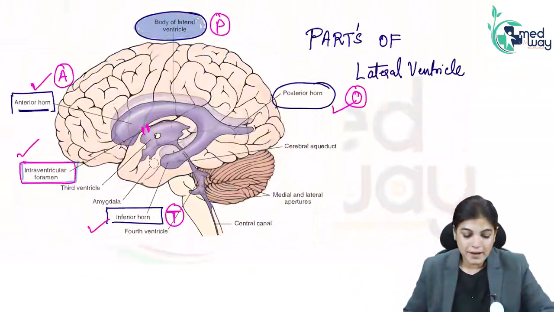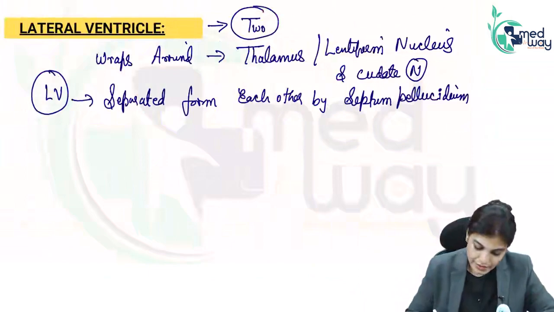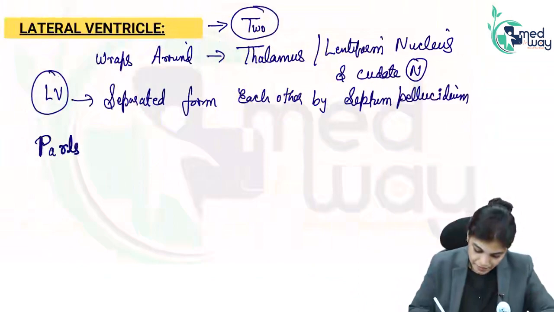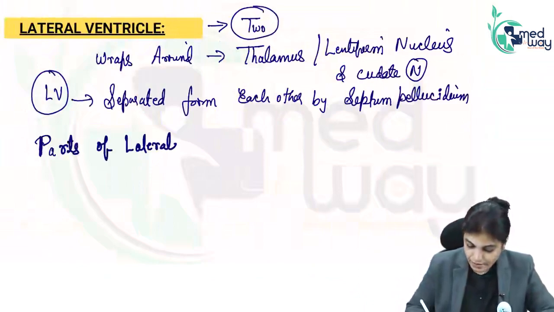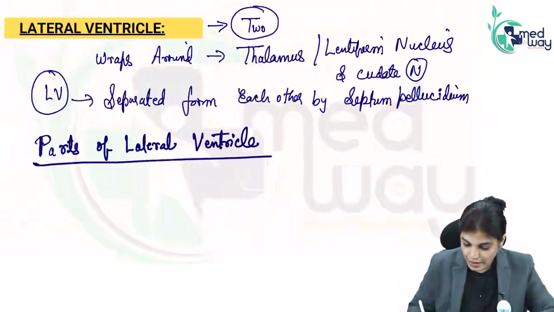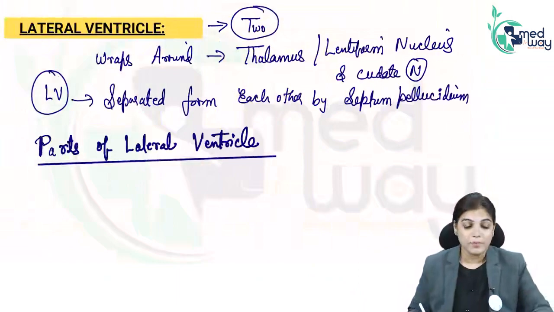So exactly we have to know the parts. So here you can just write down parts of lateral ventricle. So अगर parts of lateral ventricle की बात करें तो we have to know the relations of individual part of lateral ventricle.